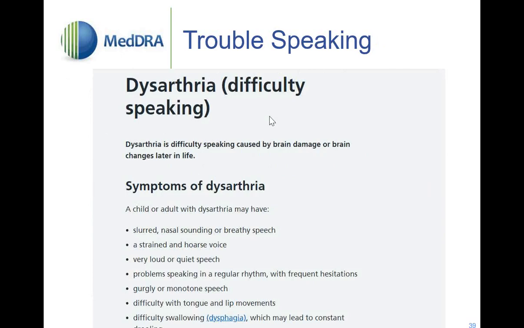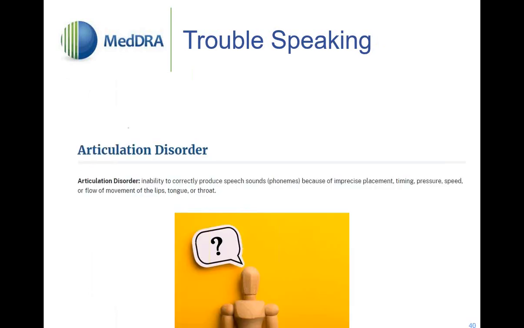In my thought process, the next thing I came to was an articulation disorder, and I'm glad to see some people were on the same page as me. At first it may seem like a great option, but once you dig a little deeper, you can see that articulation disorder relates more to the inability to produce speech sounds and not so much the inability to speak or having trouble speaking.